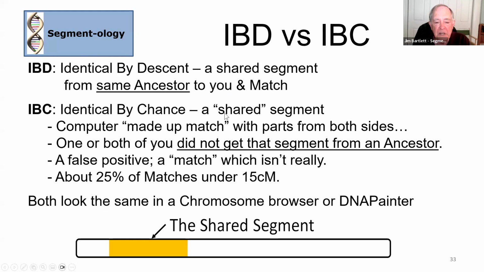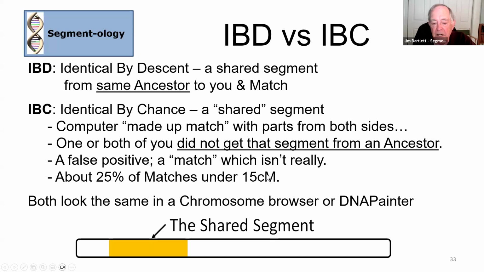Identical by chance is called a shared segment because the computer says you have the same SNPs in that area, but one or both of you did not get that segment from an ancestor. It might have taken a little piece of your mother's, a little piece of your father's, a little piece of your mother's, and stitched them all together, and it looked like to the computer that it was a match, but it wasn't really. So that's actually a false match.